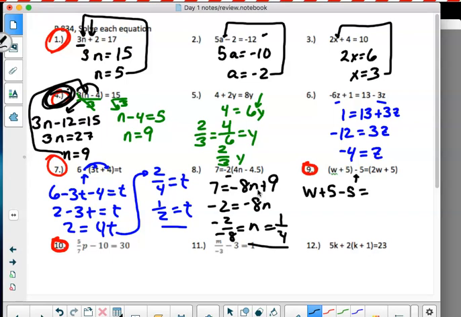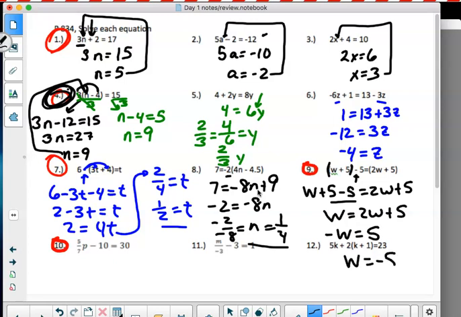Minus 5 is equal to 2w plus 5. Because now there's nothing outside these parentheses for me to do anything with, I look at that and that's going to be 0. So w is equal to 2w plus 5. I subtract 2w from both sides and I get negative w is equal to 5. So I divide and I know that w must therefore be negative 5.